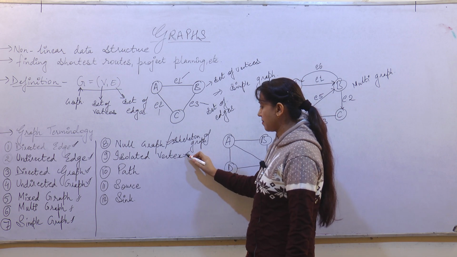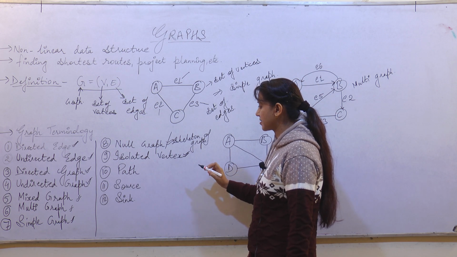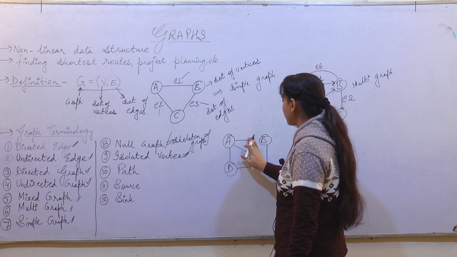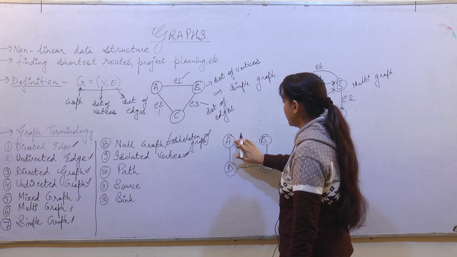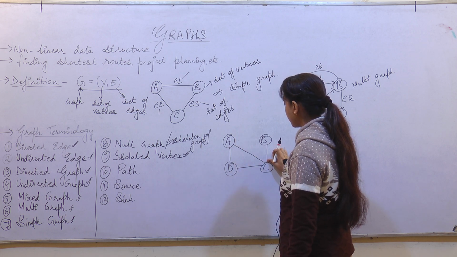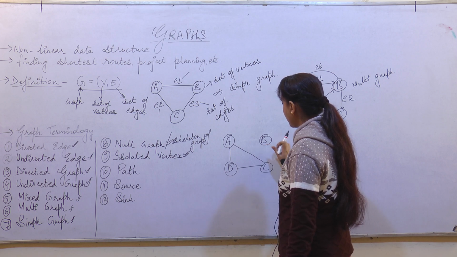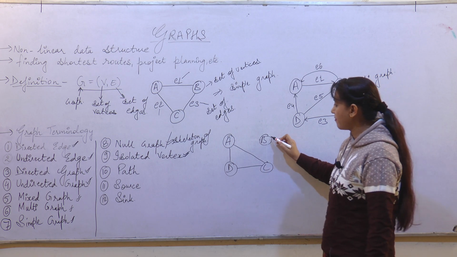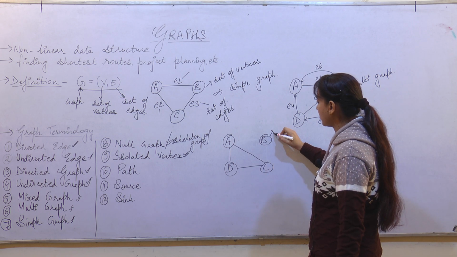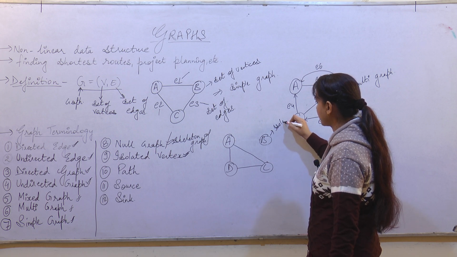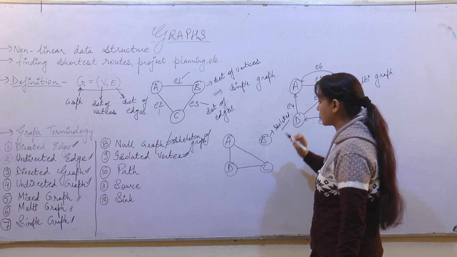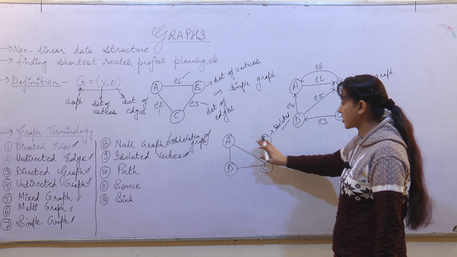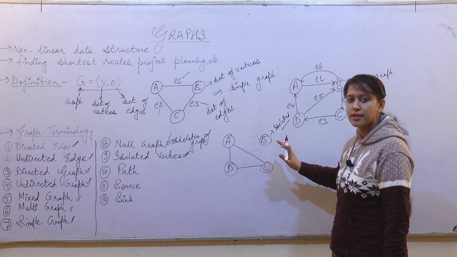Isolated vertex means, suppose we remove the edge from A to B and the edge from B to C. After removing them, vertex B becomes isolated, because now this node B is not connected to any other nodes in the graph.